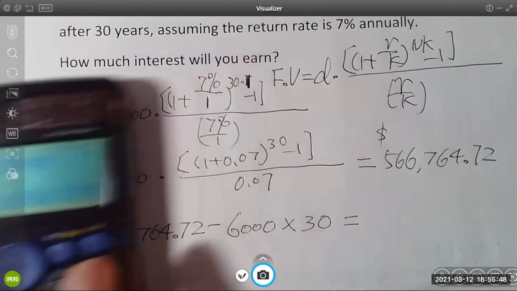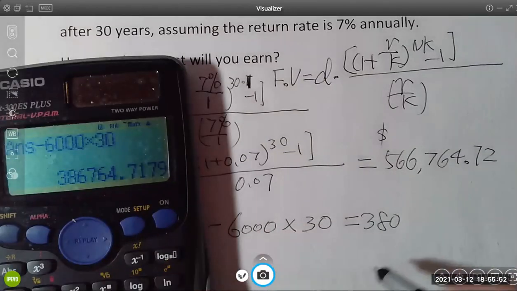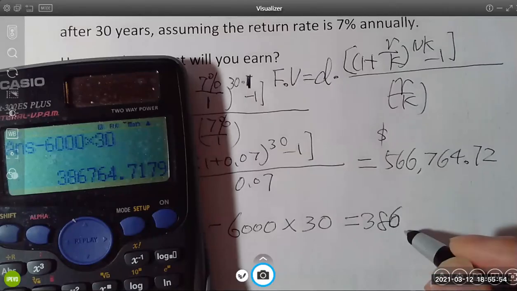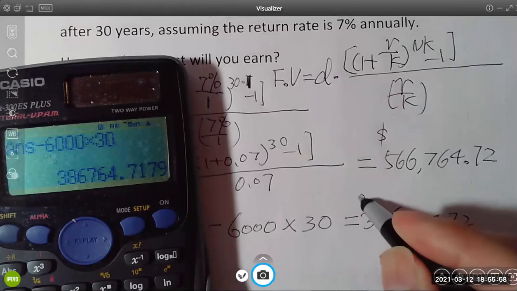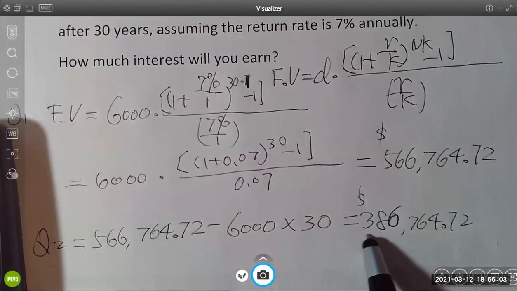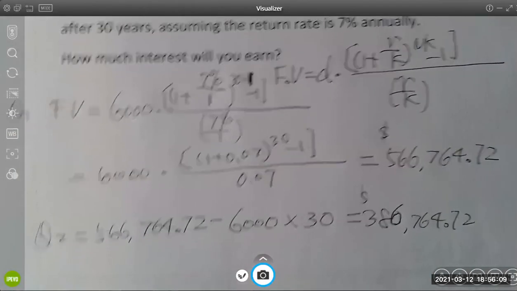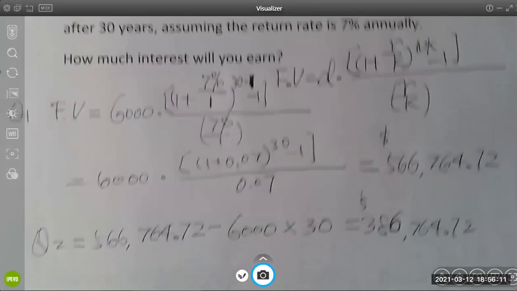So we got 386,764.72. This is the interest. Actually, you deposit 180K, your interest is more than 380K. Time is money. Time is important. Okay, this is the second one.